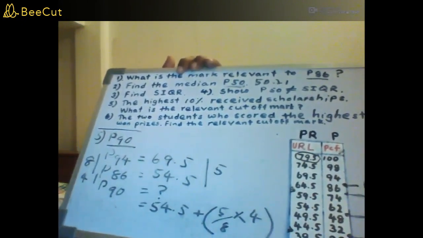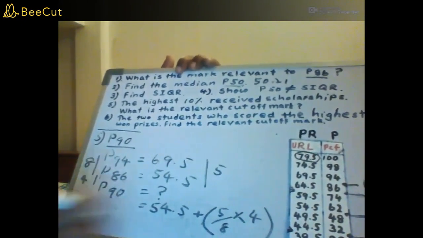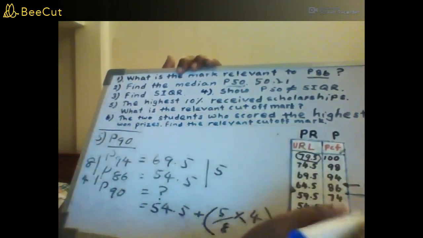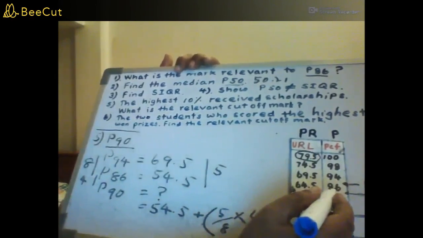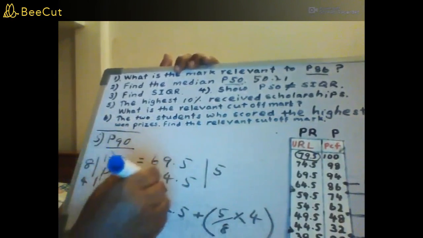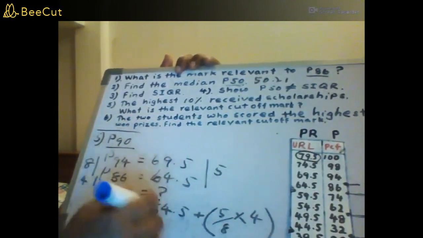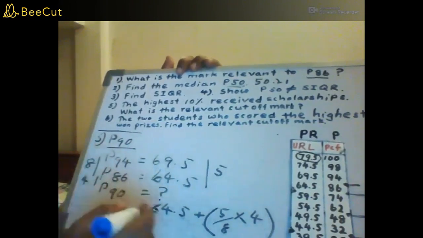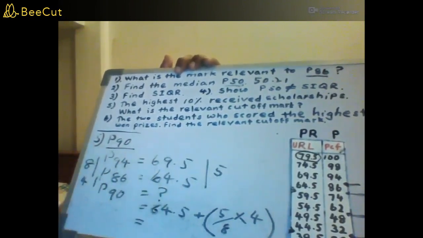When you do the calculation, you get 64. P86 is 64.5. Sorry, 64.5. So here 64.5. I hope you noticed that.